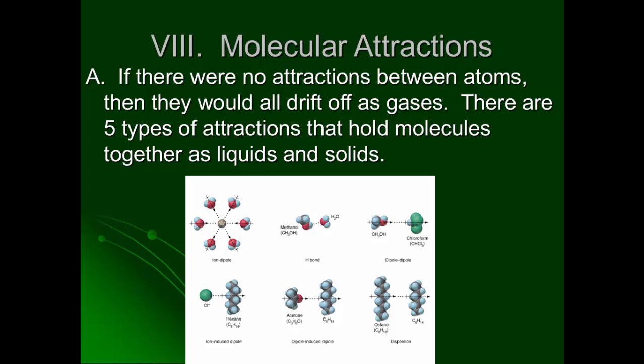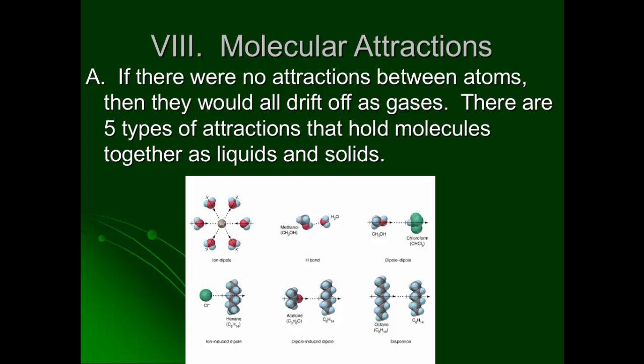And then we have our ion-induced dipole, which is where you have a full charge, and that full charge will actually take something that isn't charged at all and cause its electrons to pool to one side because the electrons are attracted to the charge, or move away because the electrons are repulsed from the charge.